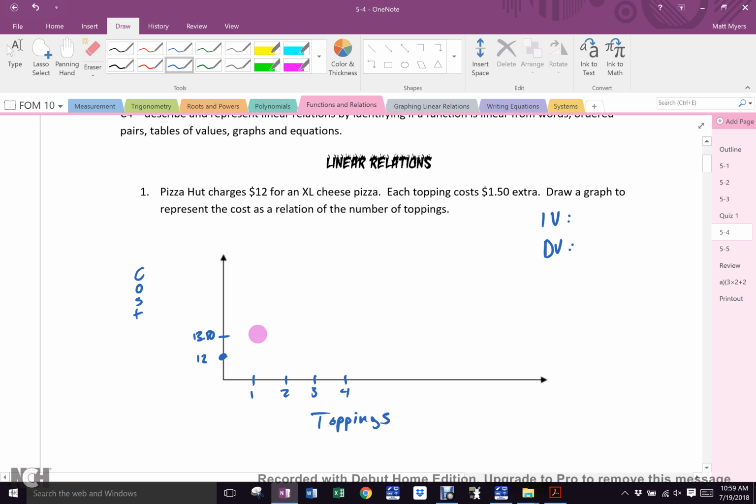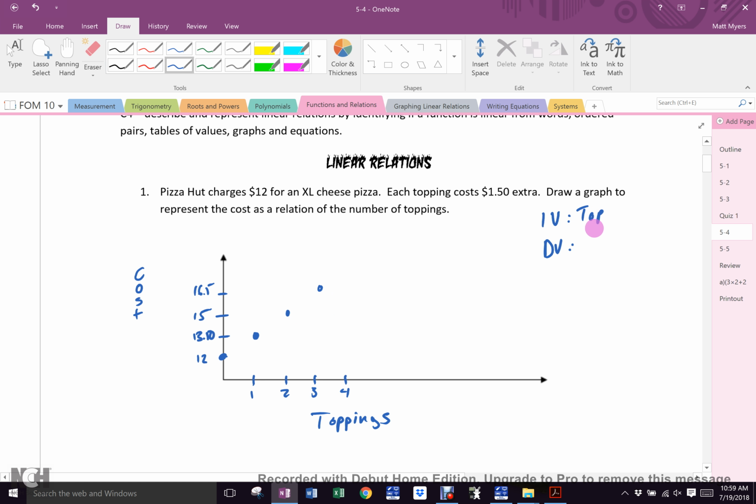Open or closed dot? Closed. Excellent. Where's the next one? 15. Where's the next one? 16.50. Right? Everyone agree? Okay.